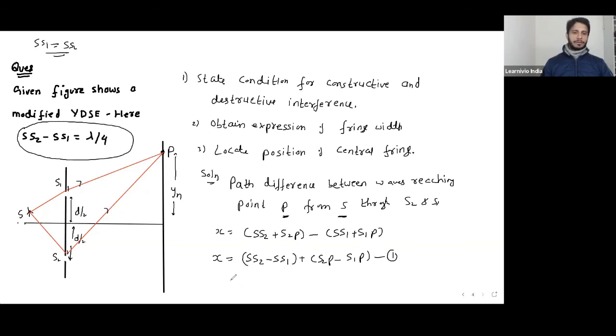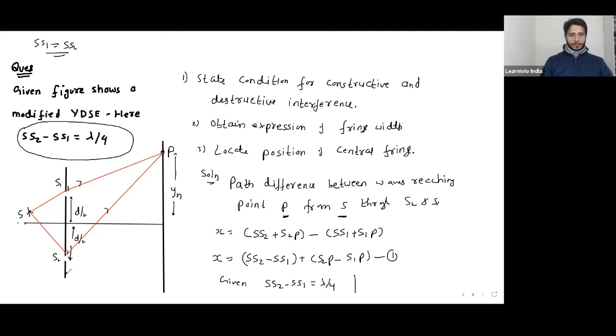Now it is given that SS2 minus SS1 is lambda by 4.